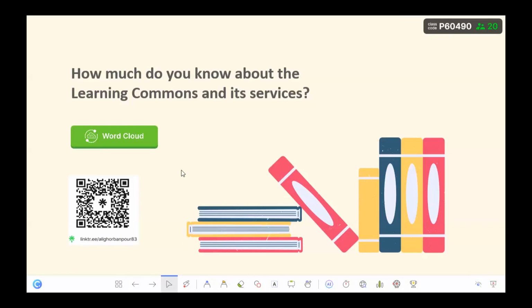I'll try to scan the QR code and show you. If you want, you can scan. But I will be sharing this with you later.